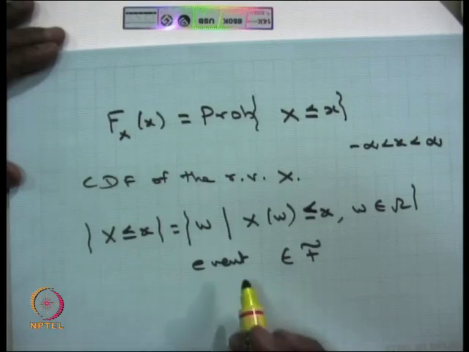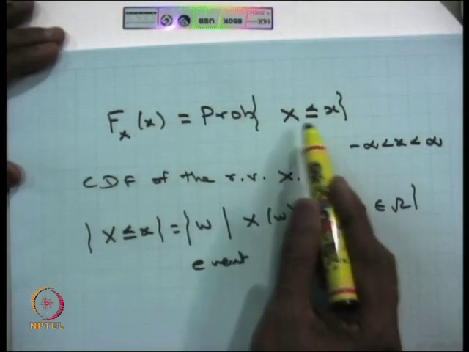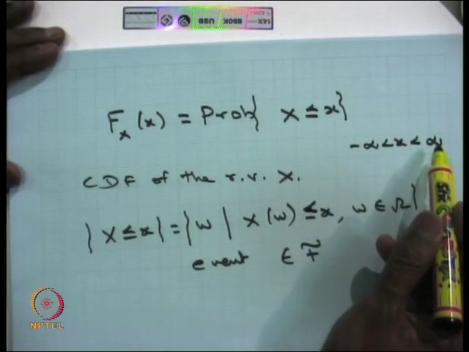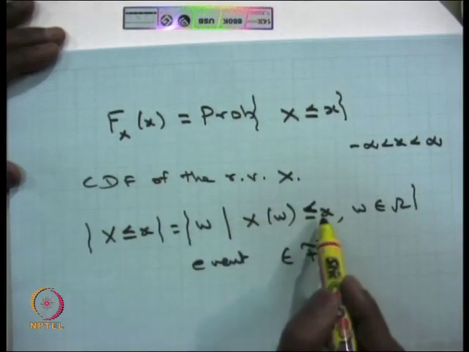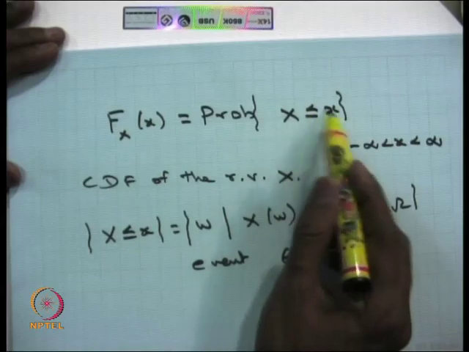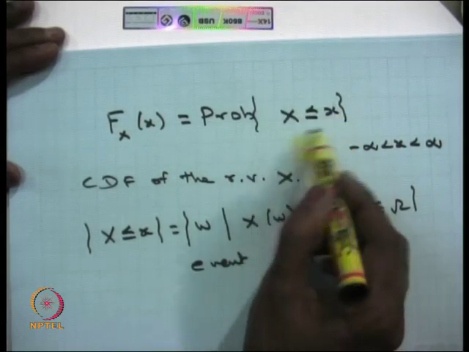Therefore, as x moves from minus infinity to infinity, you keep on including some more possible outcomes, so the probability of X less than or equal to x varies over x and you get more probability values.